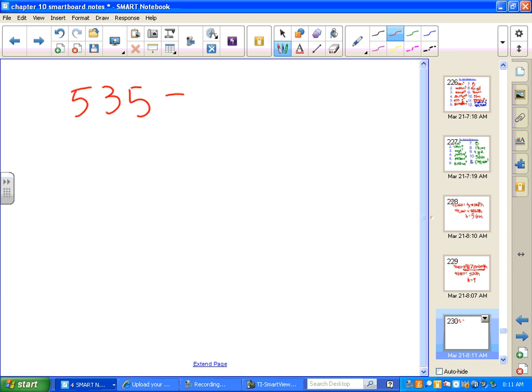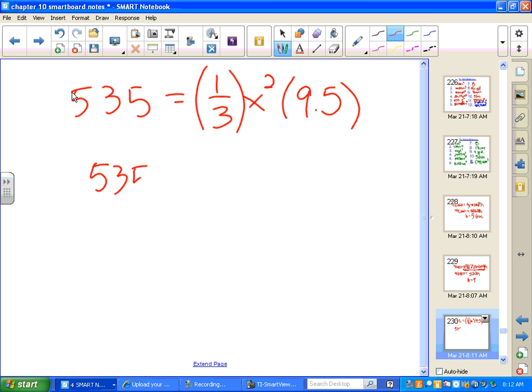Okay, hold on. I think you're complicating it. So all you should do, take your calculator, type in 1/3 in parentheses times 9.5. Tell me what you get. Okay, so 3.16 repeating, x squared. So how do you get rid of 3.16 repeating?